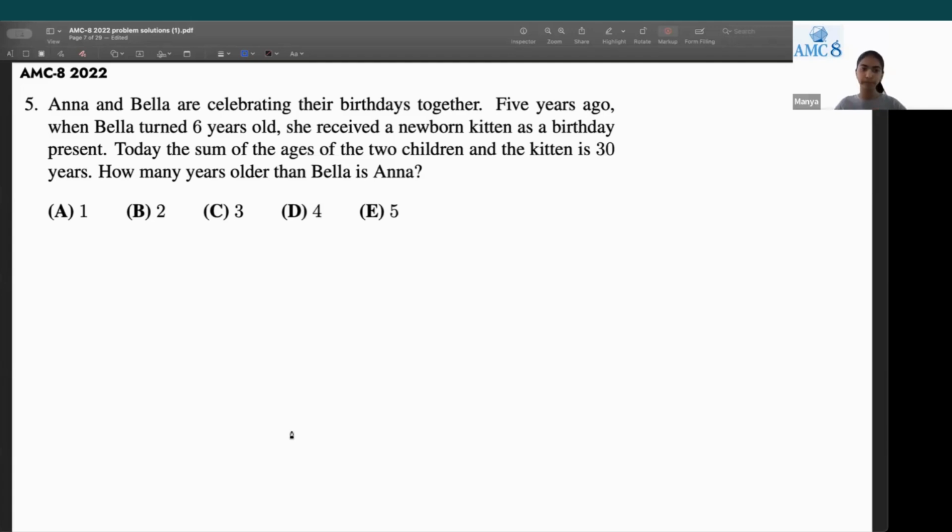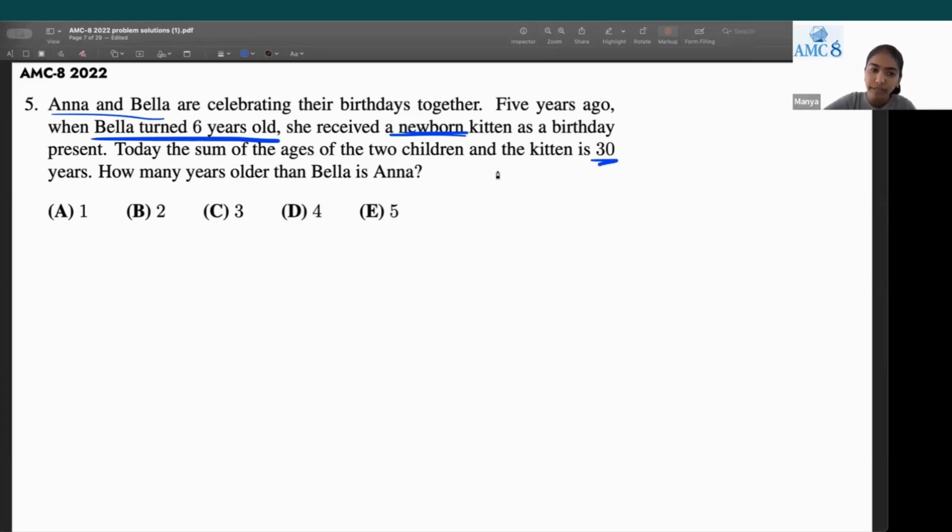So, we know that Bella and Anna are both celebrating their birthdays together. 5 years ago, Bella turned 6. Then she received a newborn kitten, so the kitten would be 0 years old as a birthday present. Today, the sum of both of the children and the kitten is 30 years old.